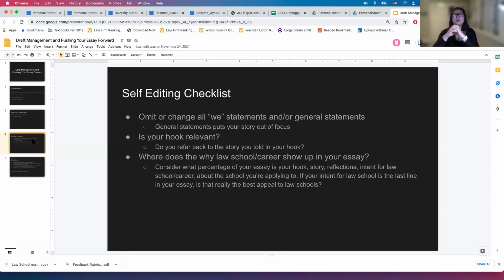There was a girl a few weeks ago who had an essay about how she's taking in this tradition of music from her grandfather. She went into the music industry and now is looking to do entertainment law.